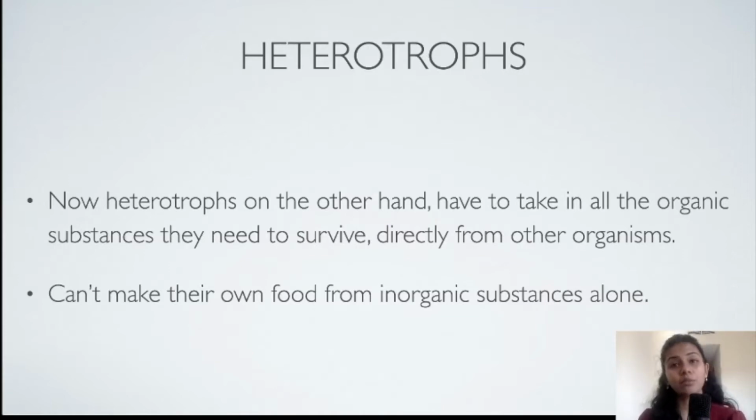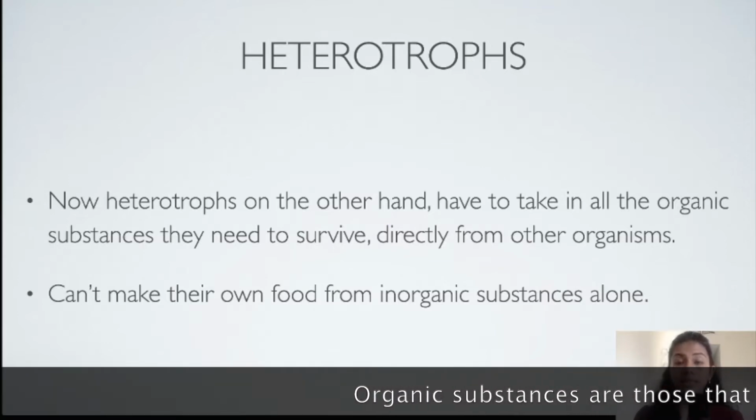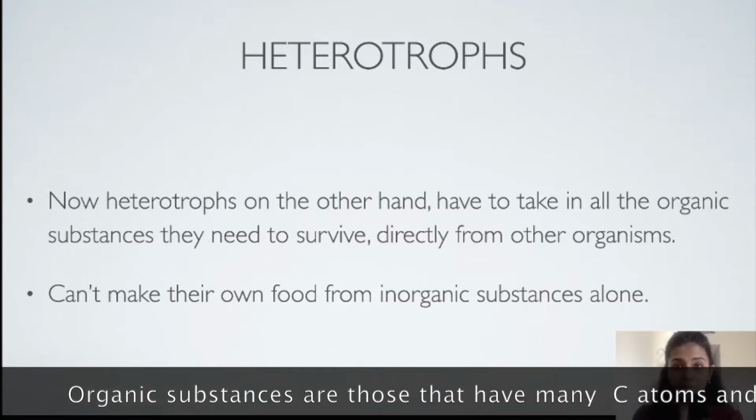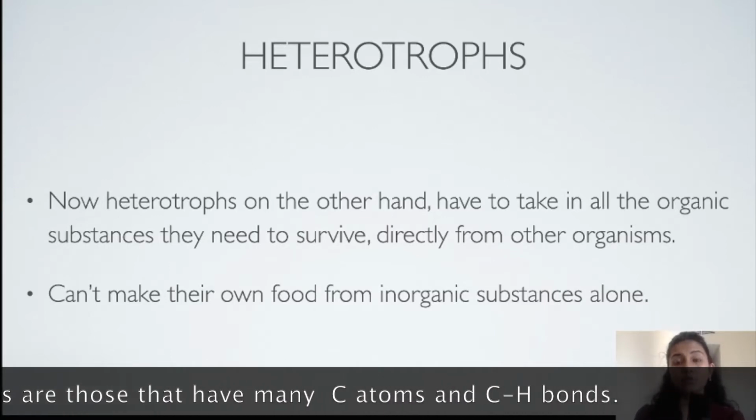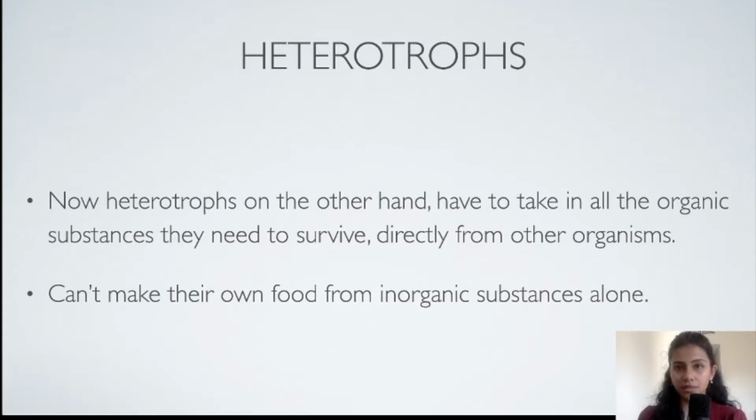How are they different from autotrophs? On the other hand, they have to take in all the organic substances they need to survive directly from other organisms. That is, they depend on other organisms, and they take in food in the form of organic substances itself. Heterotrophs cannot make their own food from inorganic substances alone.